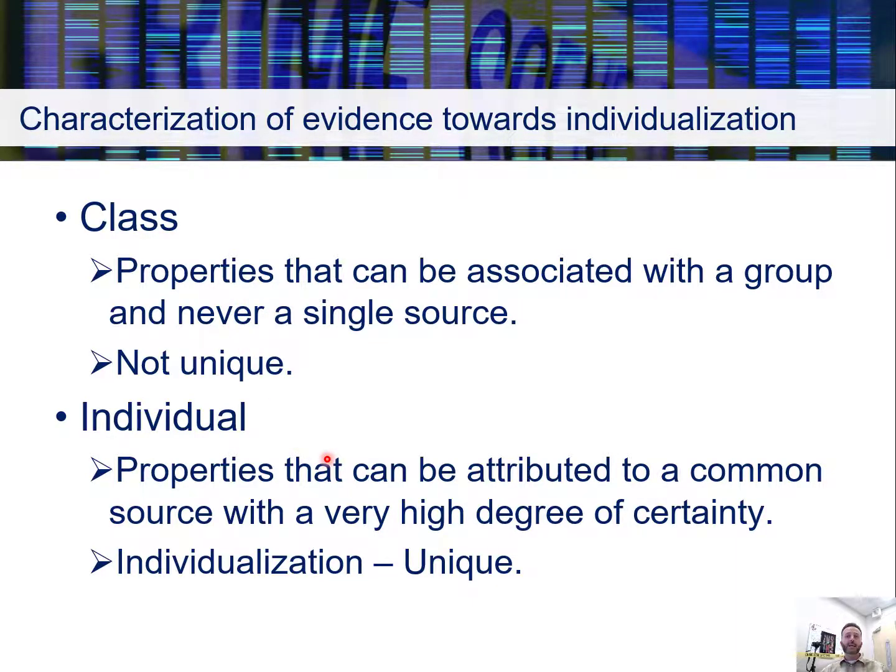On the contrary, individual characteristics are those that can be attributed to a single common source rather than a group of sources with a very high degree of certainty. And forensic scientists will usually search for as many characteristics as possible to compare and then determine their individual and collective value.